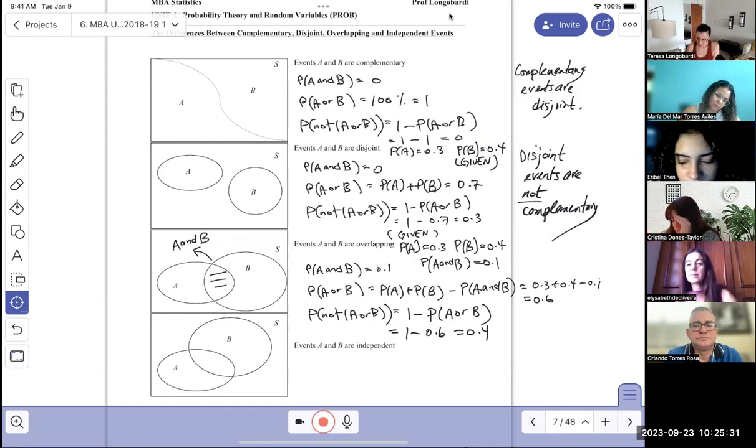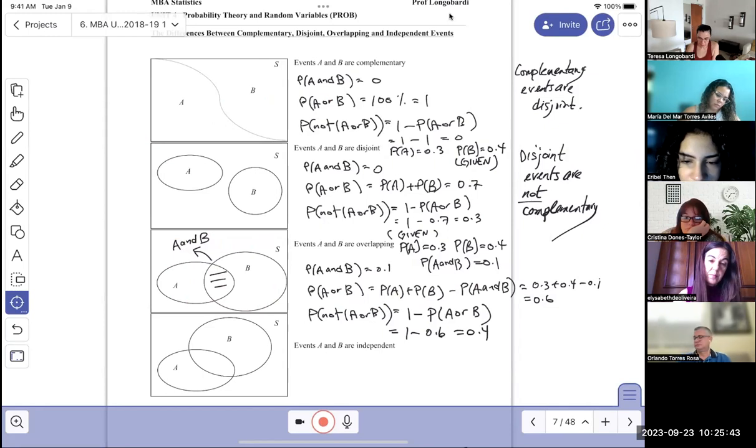And now the punchline, or now where I really want to make my point, because all of this was pretty straightforward. Maybe you learned something there, but you pretty much have an intuition for all of this. But now I introduce the idea of independent events.